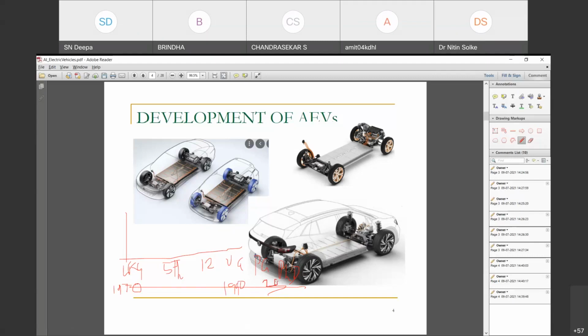It goes on. So the time scale, and your performance scale: your knowledge level at LKG, fifth standard, twelfth standard, UG, PG, PhD, etc.